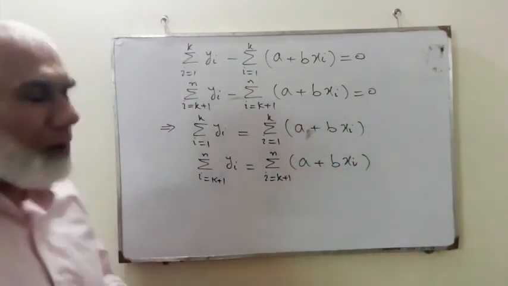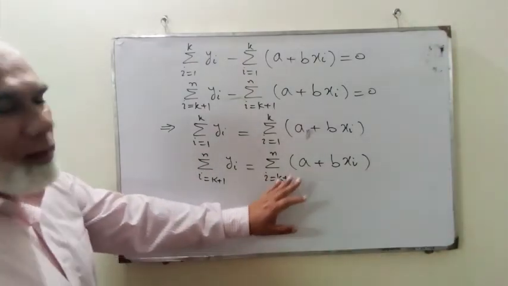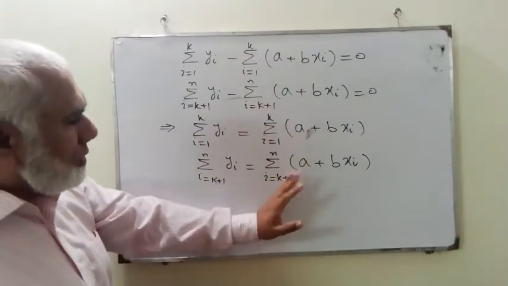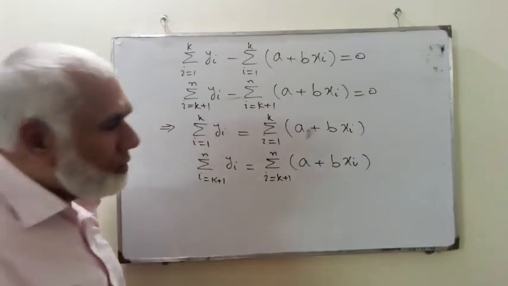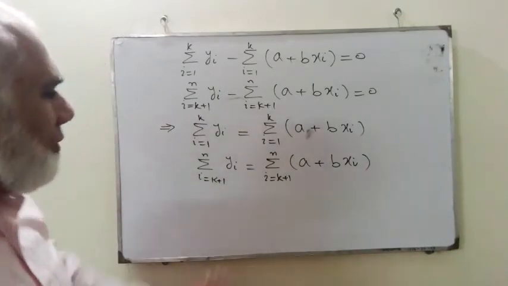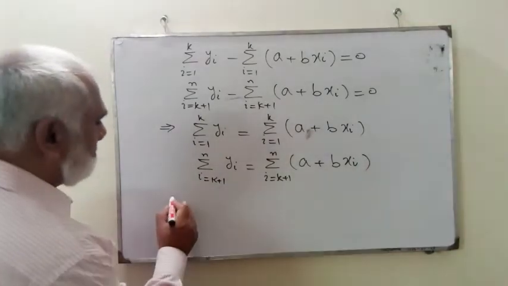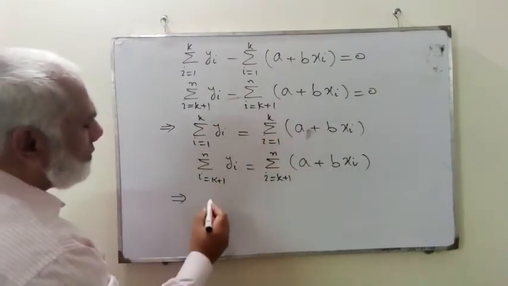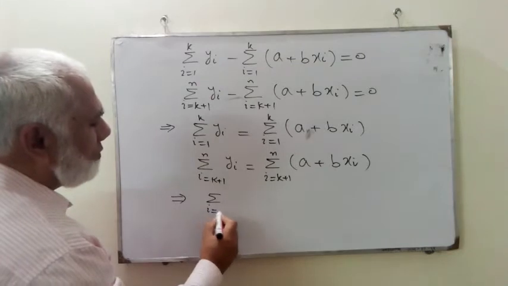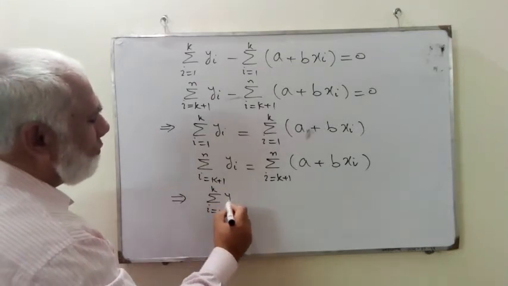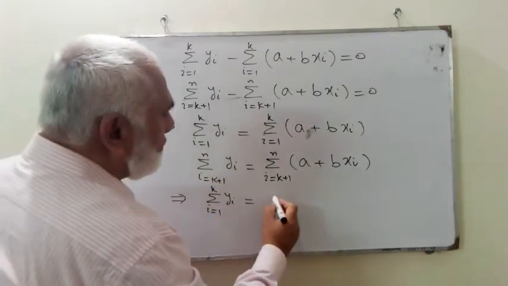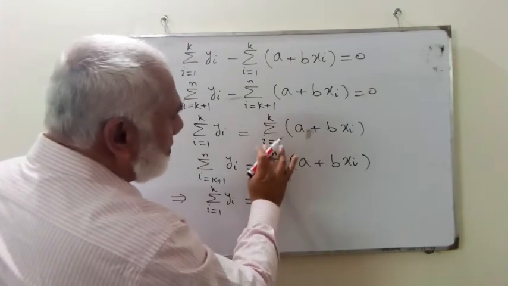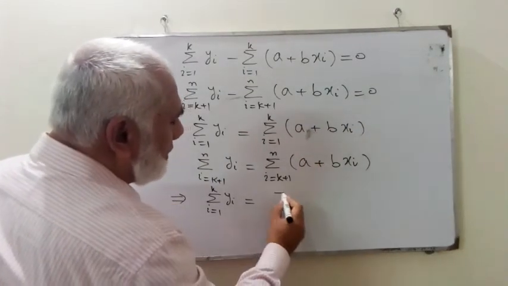So far here we have used simple algebra, and next we shall be using the properties of the sigma operator. Okay, after doing this, the next step is to bring this sigma inside the bracket. So from the first equation we get sigma i equals 1 to k of yi is equal to, now you can see here this sigma will be distributed to both the quantities inside.